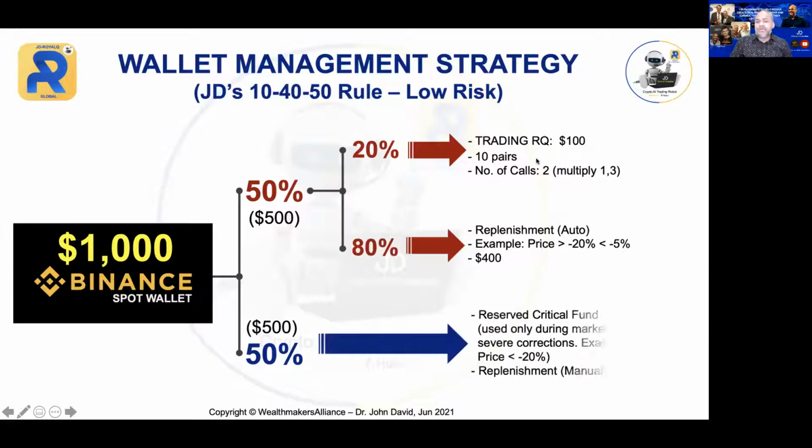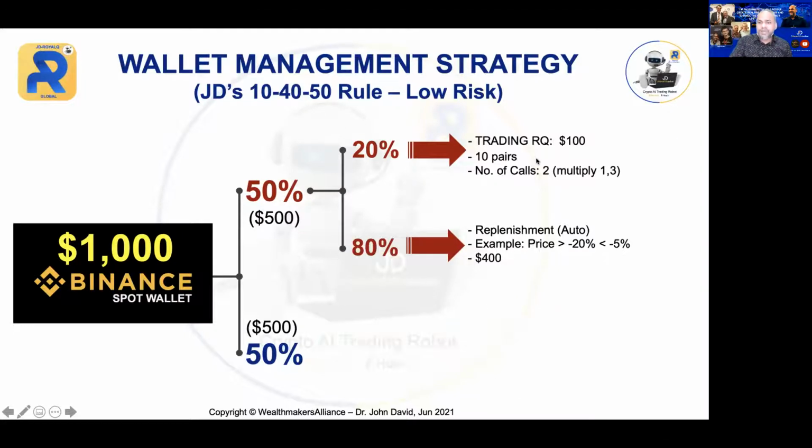Now, I'm going to have a remaining 80%, which is $400. This remaining $400 will be used by the robot to do auto replenishment when the market is going against you. Please understand, just because you buy low doesn't mean the market will remain low. The market can even go lower, right?